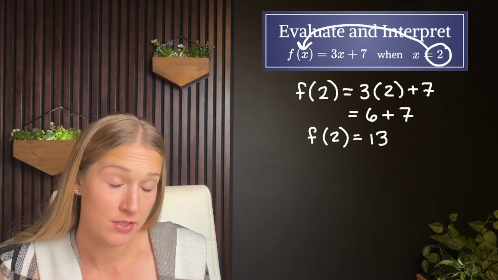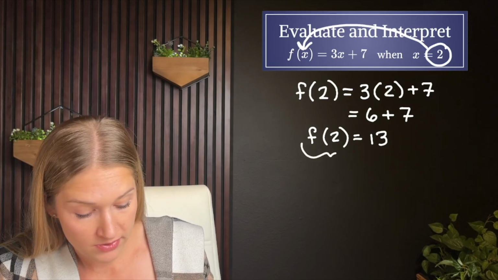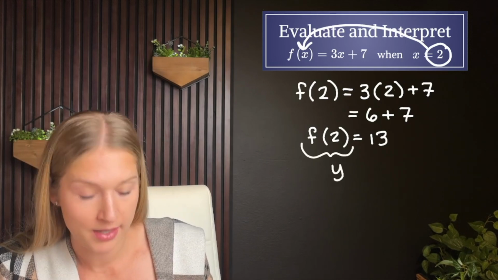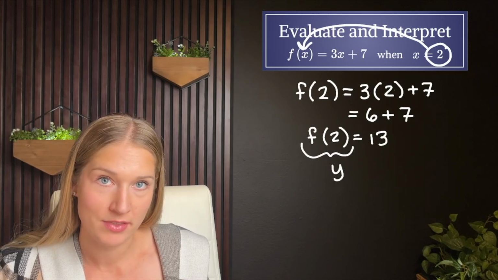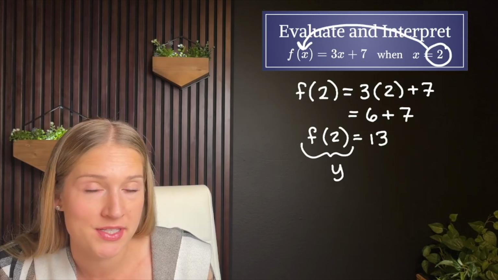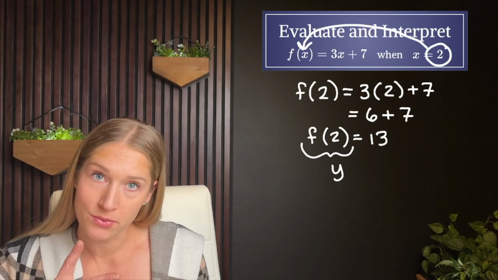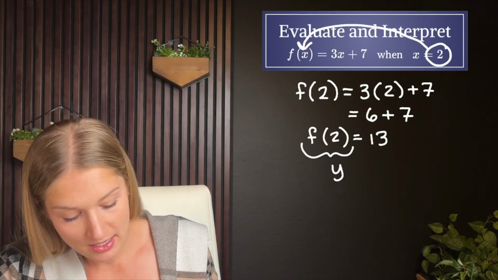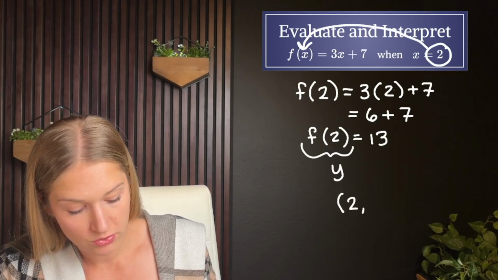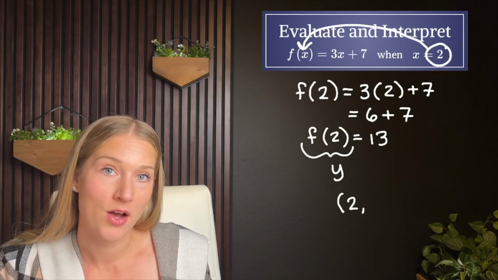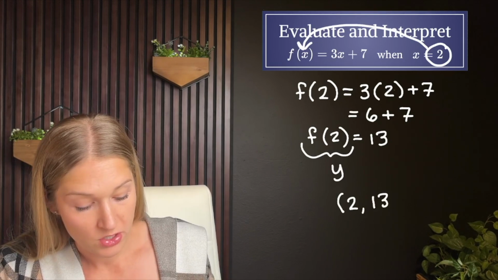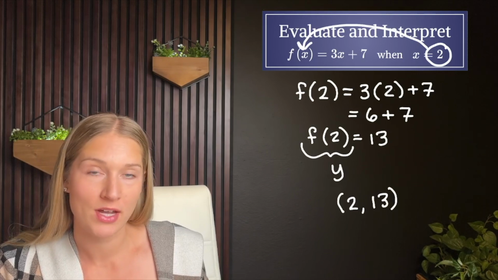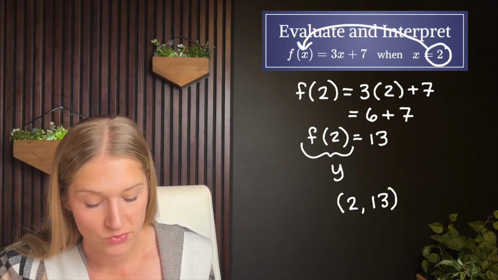Here's another way you can write it. Remember that all of this is just y. So really my y is 13. And do you remember what x value you used to get to 13? 2. So I could say x is 2, and the y value I got when I plugged in that 2 is 13. So you could go one step further and write it as an ordered pair as well.